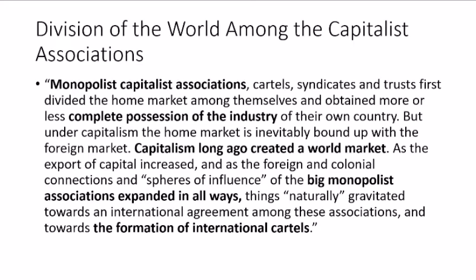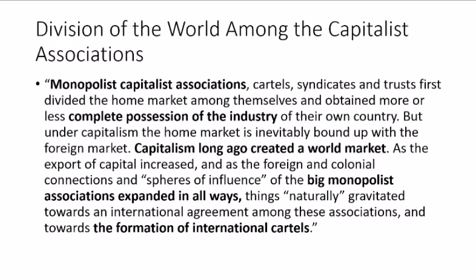But under capitalism, the home market is inevitably bound up with the foreign market. Capitalism long ago created a world market. As the export of capital increased, and as the foreign and colonial connections and spheres of influence of the big monopolist associations expanded in all ways, things naturally gravitated towards an international agreement among these associations and towards the formation of international cartels.